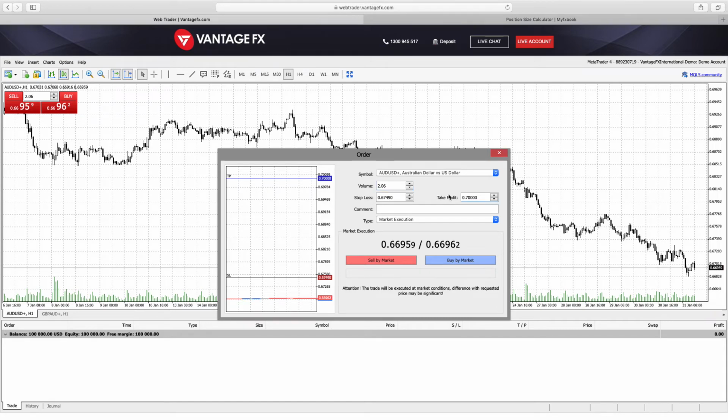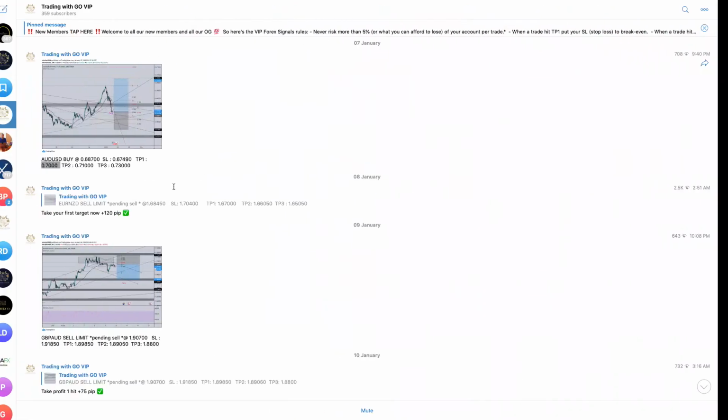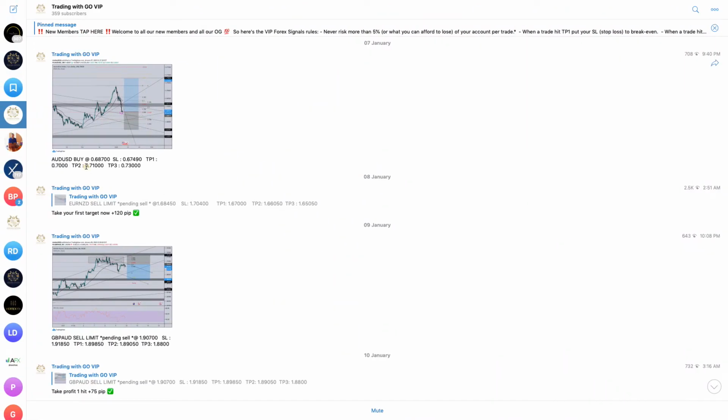So that's how you take a trade, by dividing your risk. That's for a position of 2.5%. And then, of course, the other position of 2.5%, where the take profit is take profit number two. So you do the same operation.